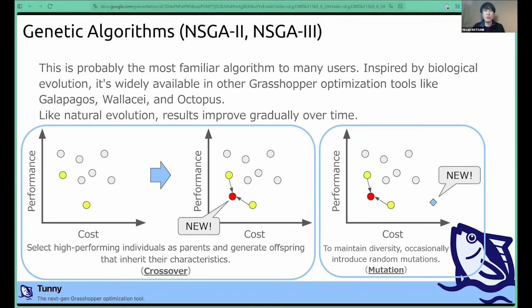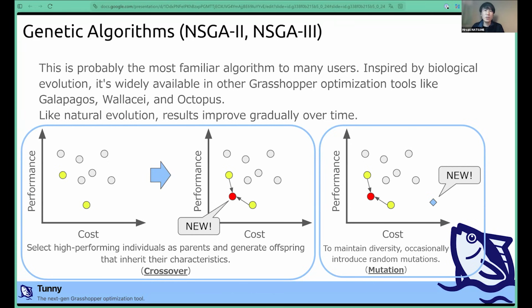This slide introduces GA. This is probably the most familiar algorithm to many users, inspired by biological evolution. It's widely available in other Grasshopper optimization tools like Galapagos, Wallacei, and Octopus.